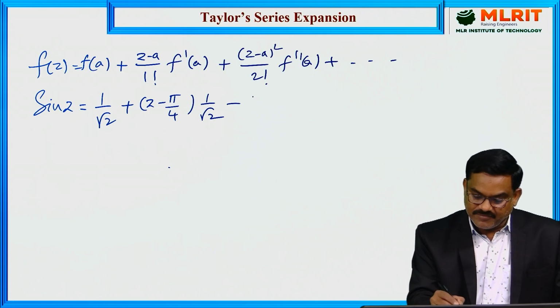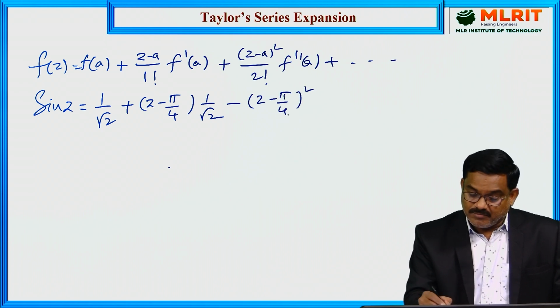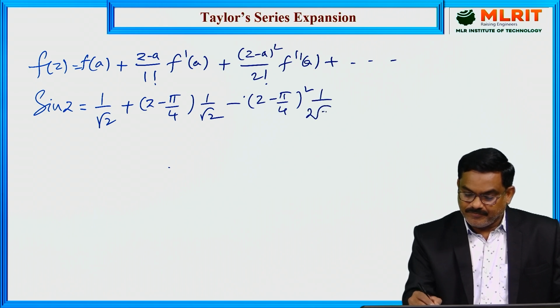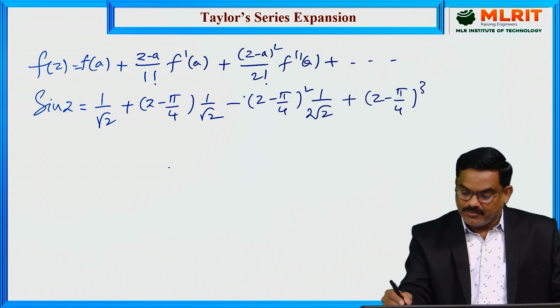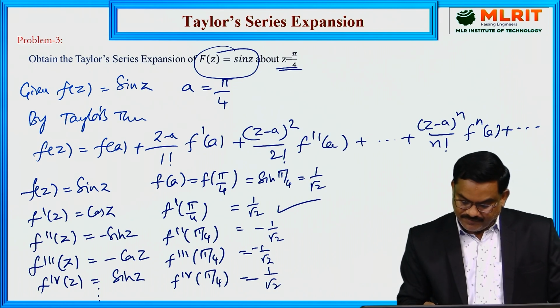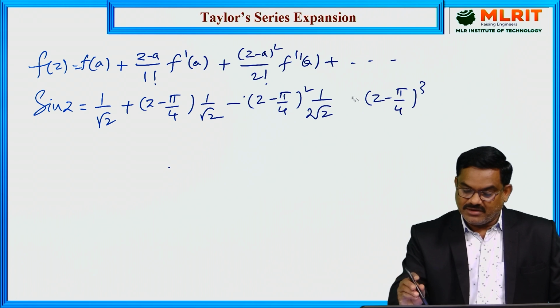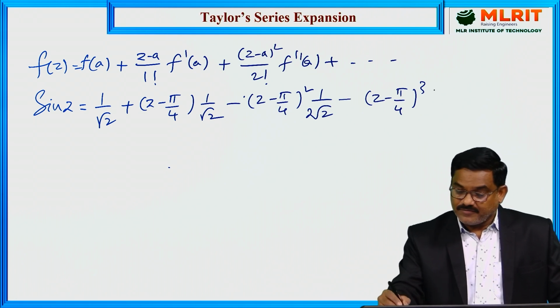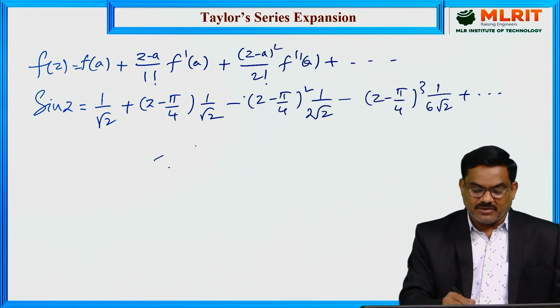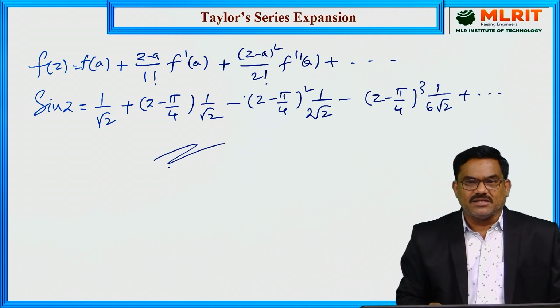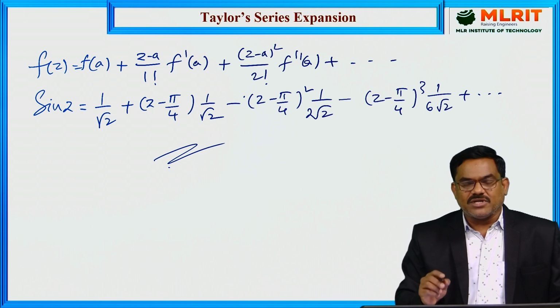So minus (z minus pi by 4) whole square by 2 into 1 by root 2, plus (z minus pi by 4) whole cube by 3 factorial into 1 by root 2, the next one again minus, plus so on. So like this, using the Taylor series statement or the original expansion, we can expand the given function.